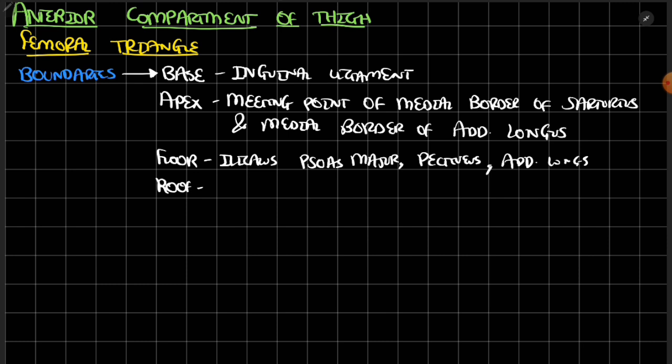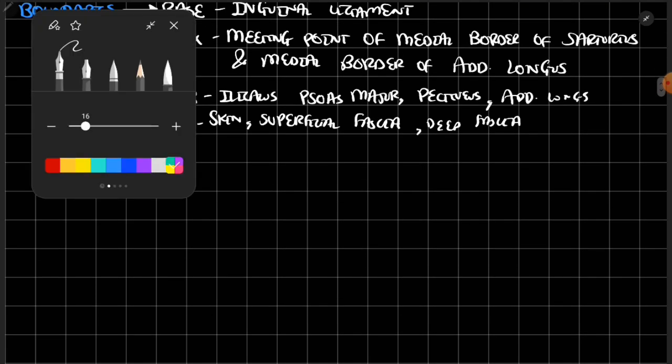And the roof is basically the skin, as we discussed earlier, superficial fascia, then deep fascia, and then we get access to the femoral triangle. Now we will draw the femoral triangle.